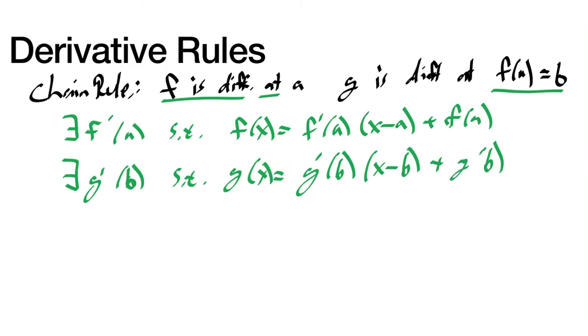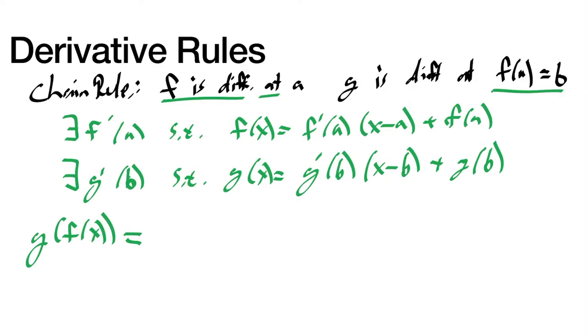Sorry, that last one's a g. So all I've done is write down the definitions based on that linearized equation that we had earlier. But now that I have these two equations, I can put them together. I can say, what is g of f of x?